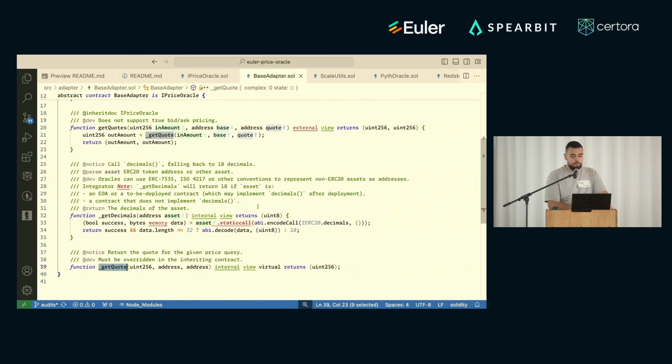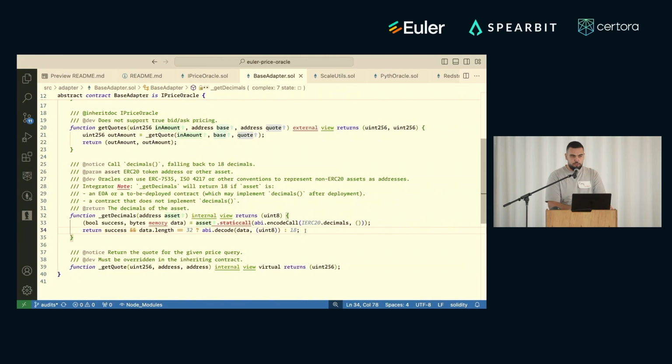And finally, the elephant in the room, this getDecimals method, which we basically use to determine the decimals of base and quote. And what this logic basically is, we try to call decimals, and if it fails, we fall back to 18.